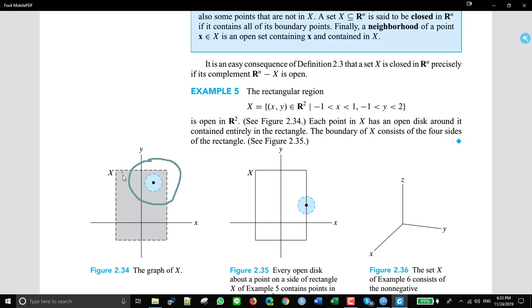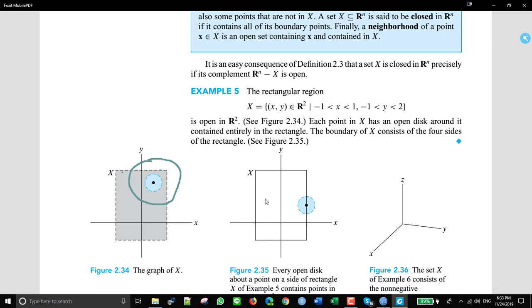Now what's a case when we can't do that? Take this set. By this set we mean to say that we're including the border. In the previous set we weren't including the border, so we didn't have to worry about drawing an open set around a point which was on the border. So I didn't have to think about this point.